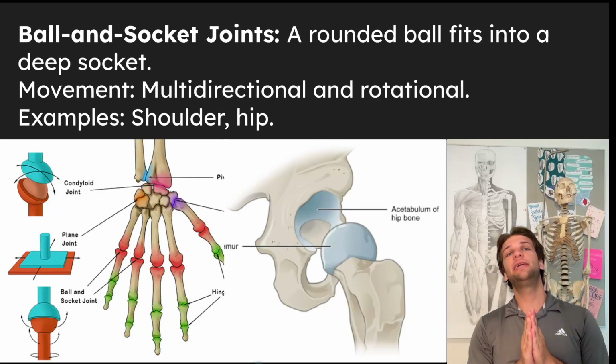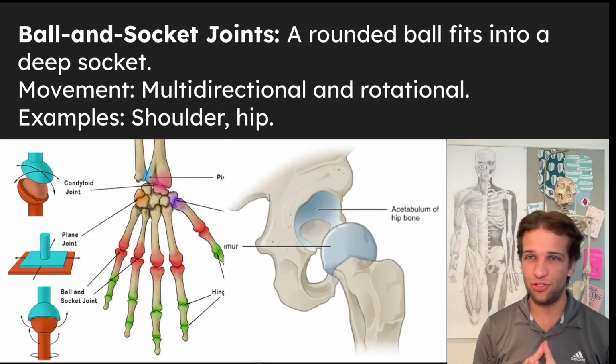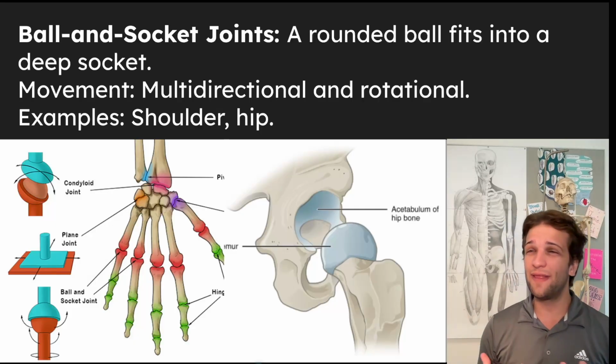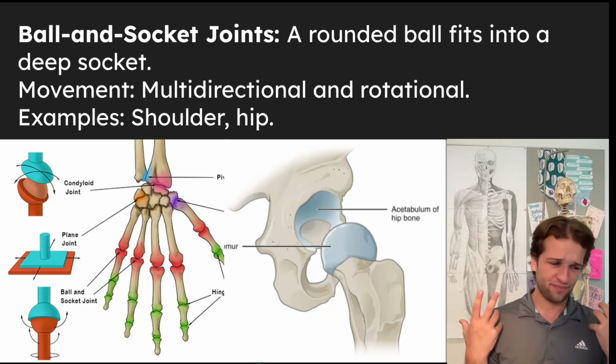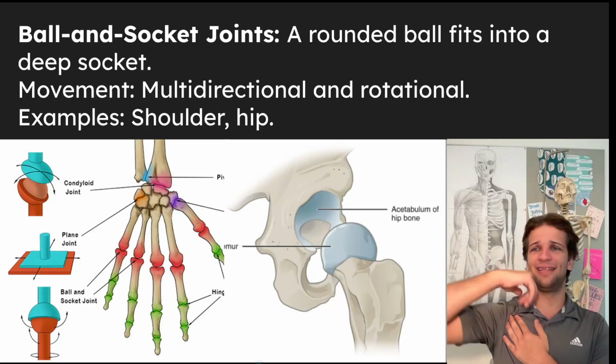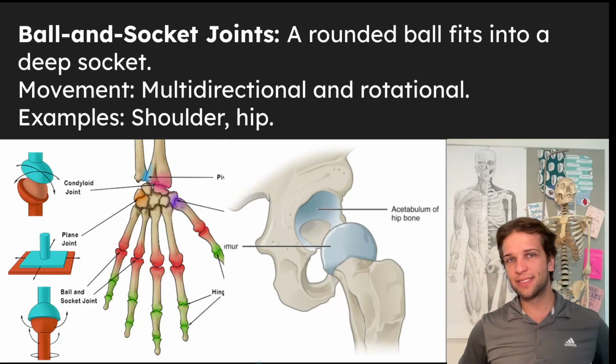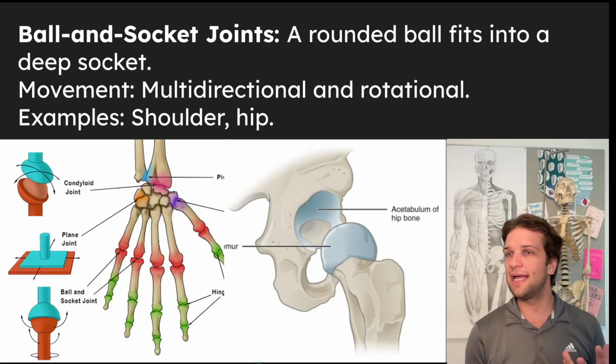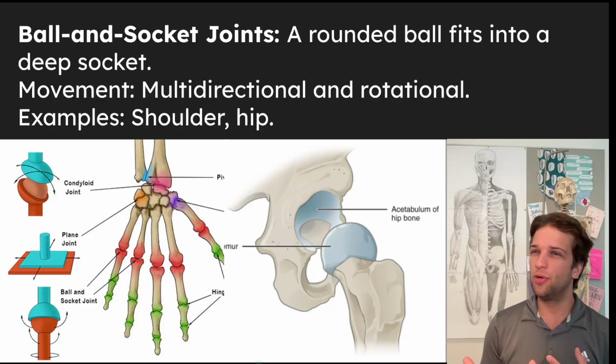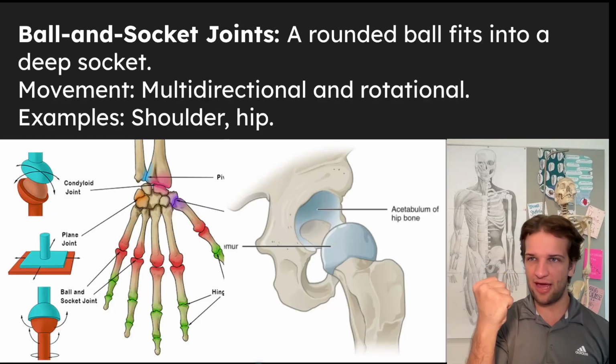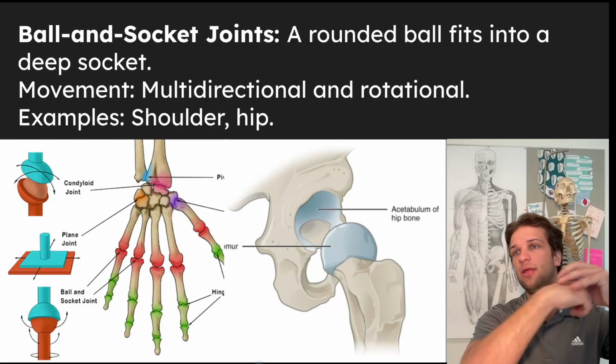And then our last one here is our ball and socket joint. Ball and socket is one that I think is really easy for us to understand. These are the joints you think most about, right? That's your shoulder, that's your hips, and you have balls and sockets in your hands. But really all I want you to know is ball, right? So the circular head of a bone fits into the socket, right?